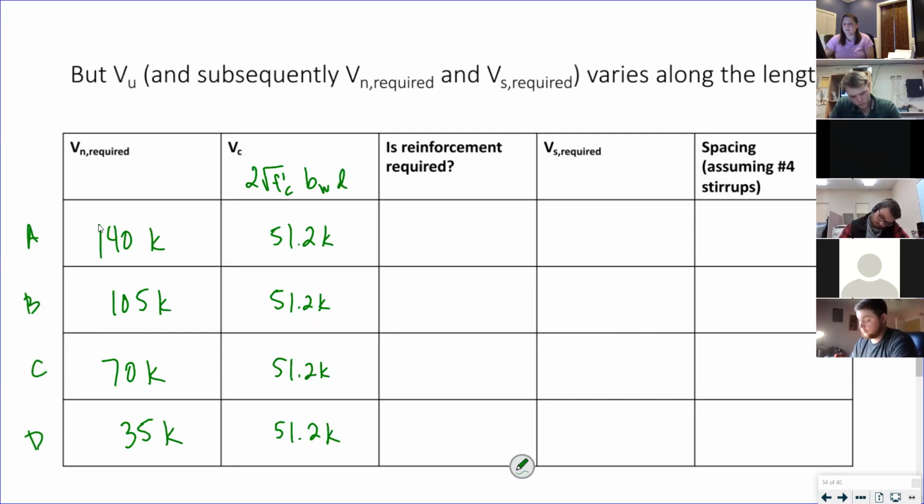This is just comparing how much shear I need at different points along the length to how much I can get from my concrete. So if I get 51.2 kips from my concrete, I need 88.8 from my tensile reinforcement.